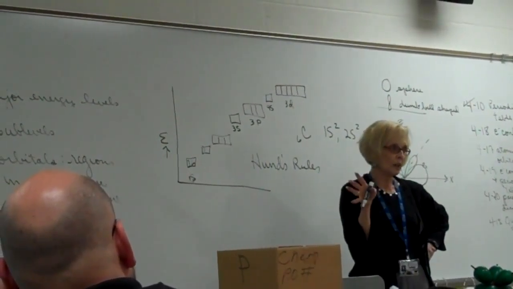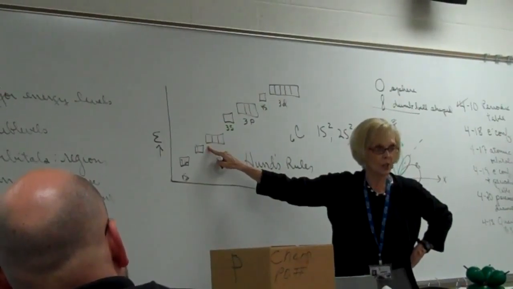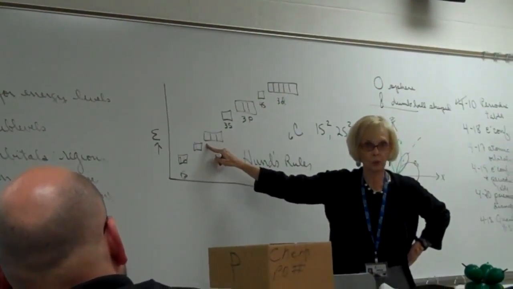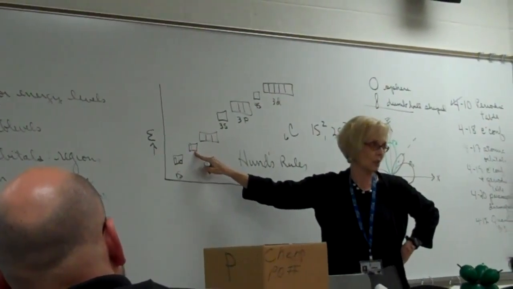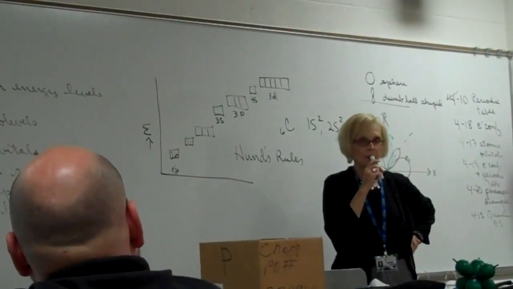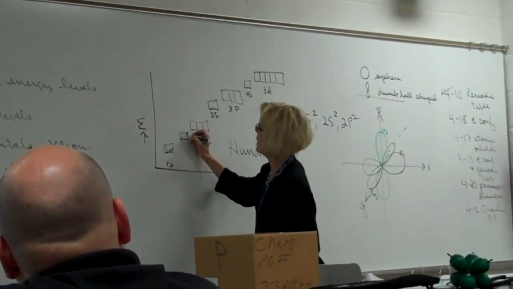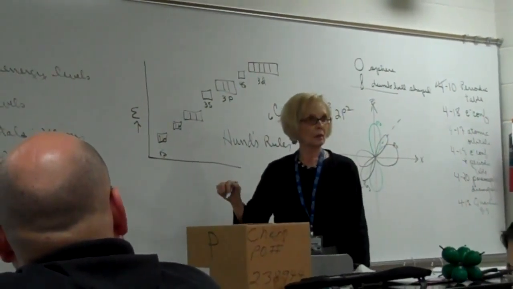Tough luck, you got to climb the flight of stairs. Now the fourth guy comes. He's got that choice. You can climb 2 flights of stairs to get to here and have a private room, or you can share and only have to climb 1 flight of stairs. Well, he's lazy. He'll go there. Then our fifth guy comes.